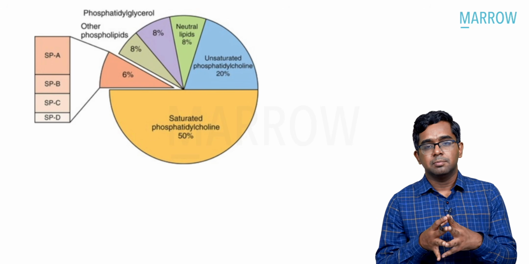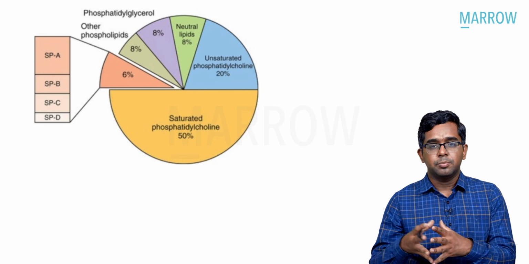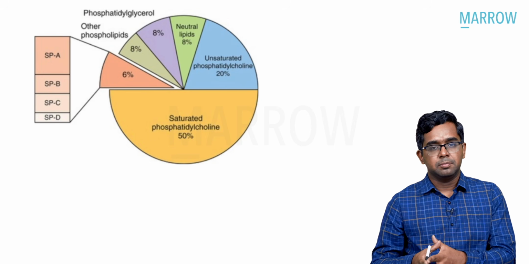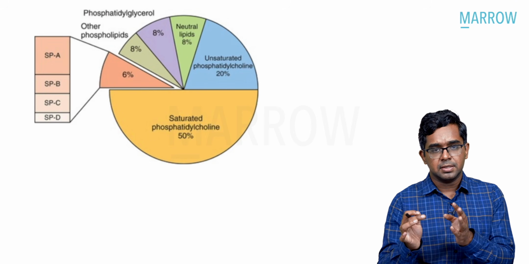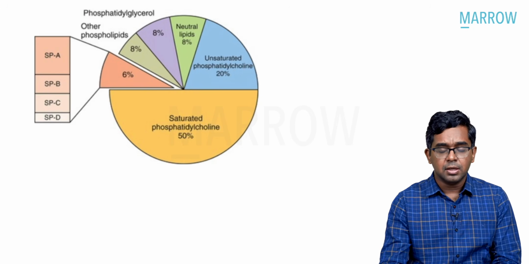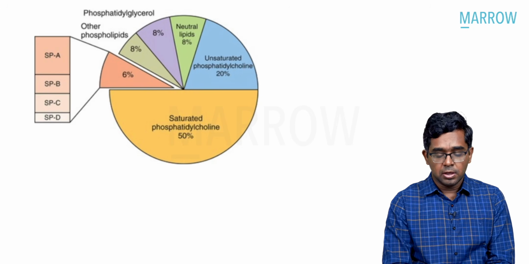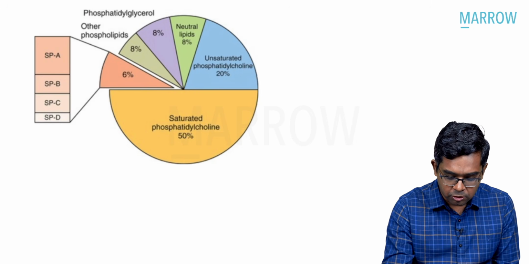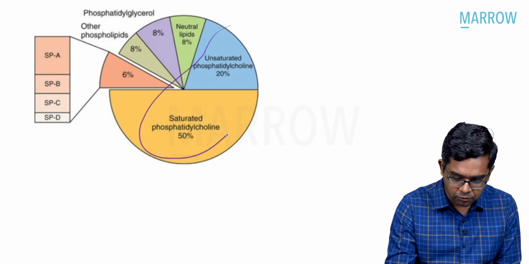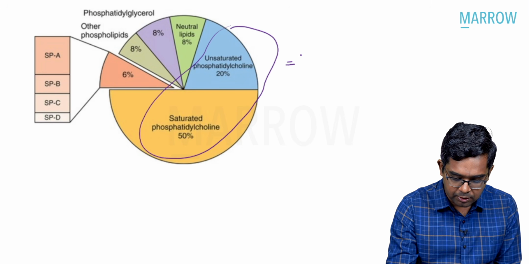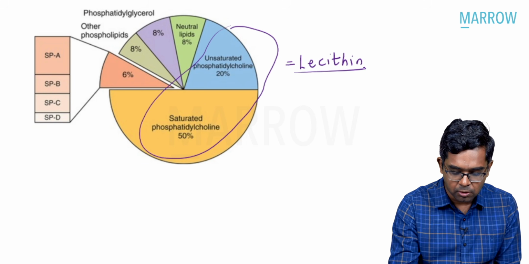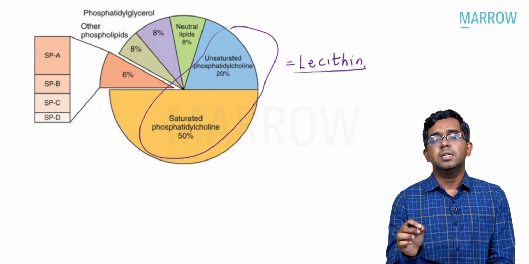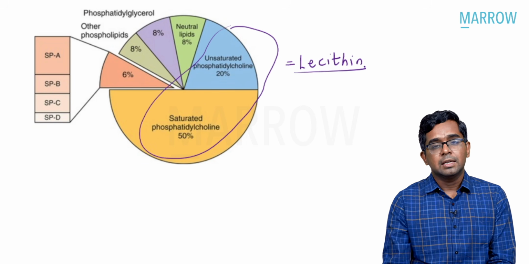Surfactant is a mixture of phospholipids and proteins like SP-A, SP-B, SP-C and D. These are the surfactant proteins, represented as SP. All the other components are phospholipids, and the majority of the phospholipid is phosphatidylcholine, which is lecithin. This is how a mature surfactant looks, characterized by predominance of phosphatidylcholine or lecithin.